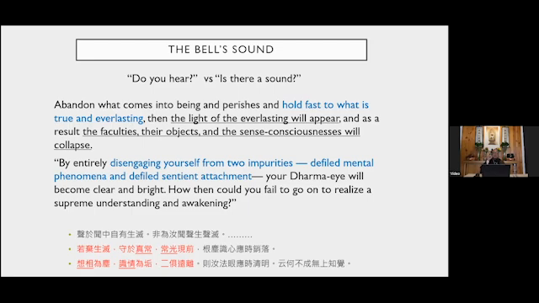Only when we can stop the defiled mental activity can we start to take care of the defiled attachment of the seventh consciousness. So still, we need to use our faculty to practice until our sixth consciousness is cured or stopped, and the defiled attachment from the seventh consciousness ceases.